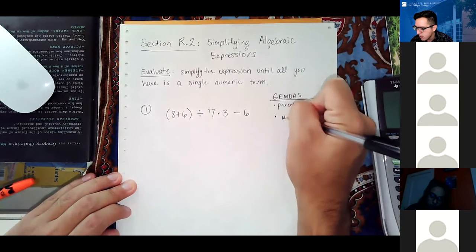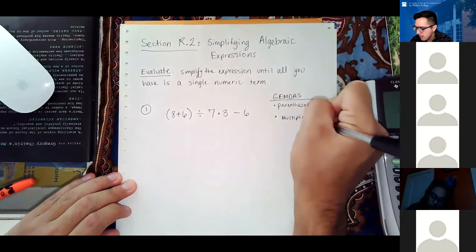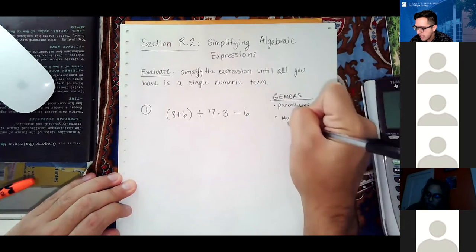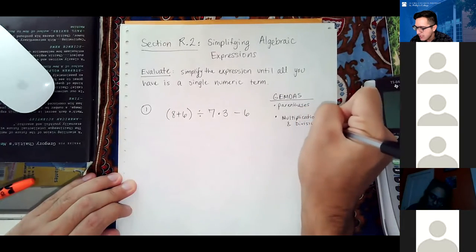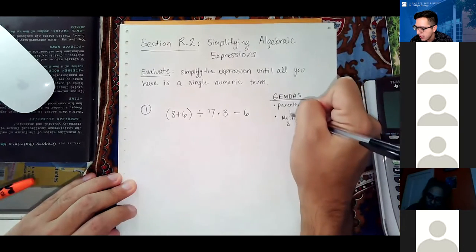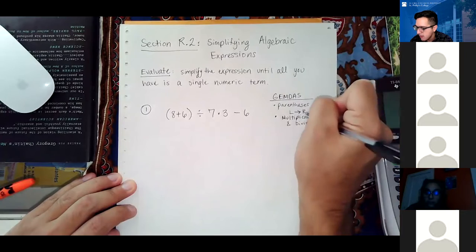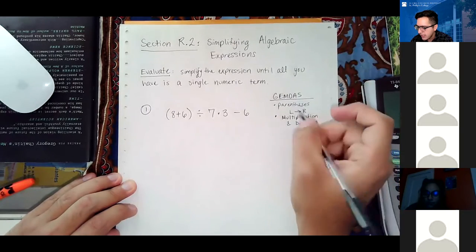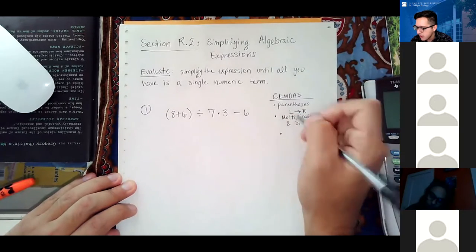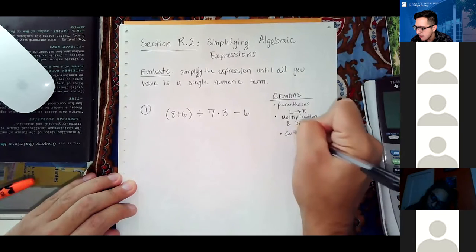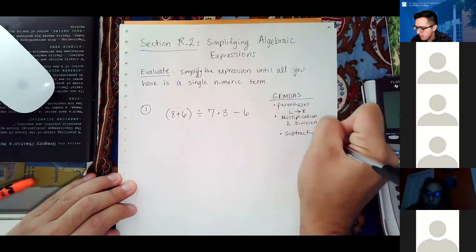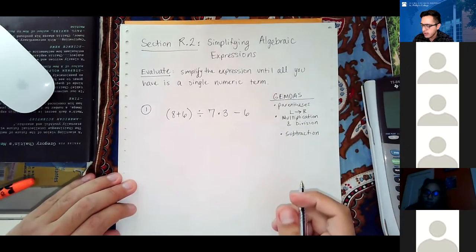And whenever we have multiplication and division, those have the same priority. So we need to do those from left to right. And then it looks like we have some subtraction. So that subtraction should definitely go last. Okay, so that's our game plan.